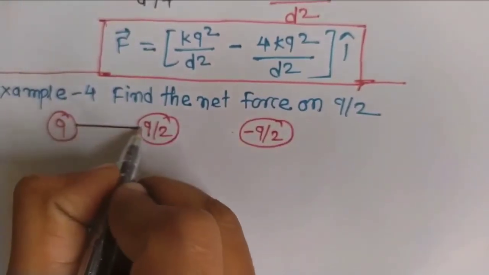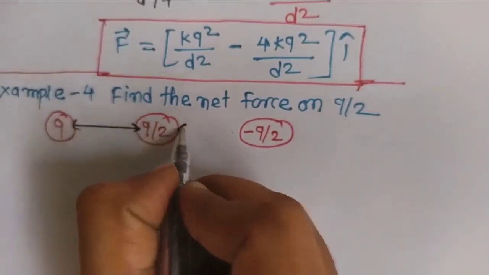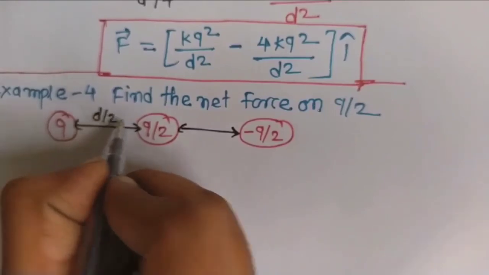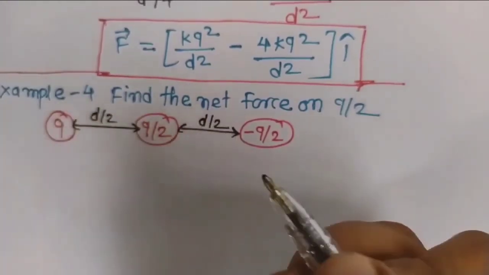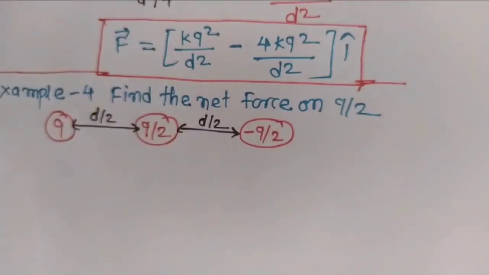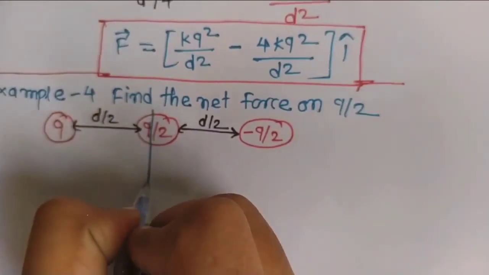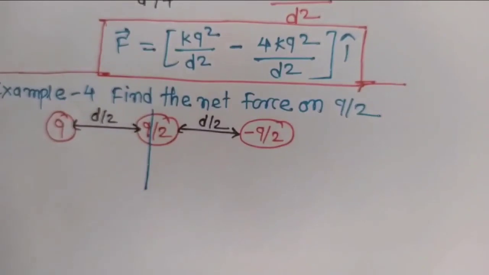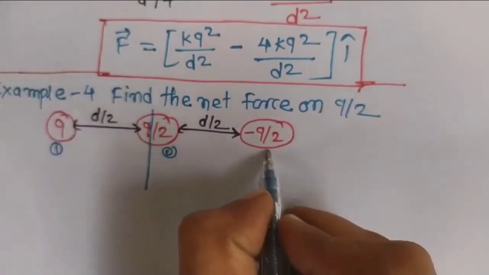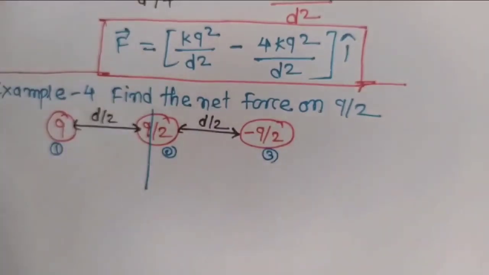The distance between Q and Q by 2 is D by 2, and Q by 2 and minus Q by 2 is D by 2. We have to find the net force on Q by 2. We draw the line on Q by 2. This is charge 1, 2 and 3.